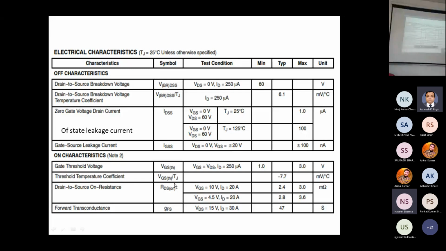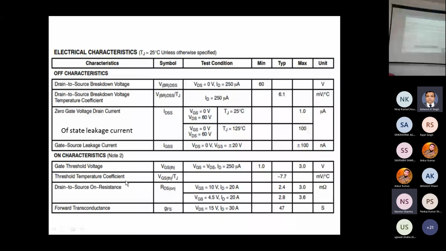Also on characteristics, we can see that gate to source threshold voltage is 1 volt at 250 microampere, after this the gate activation will start. Maximum is 3 volt and minimum is 1, so it must start within this range.